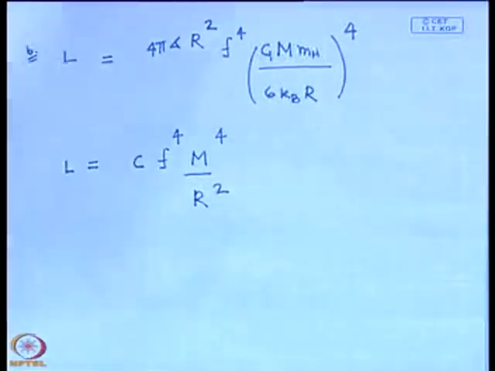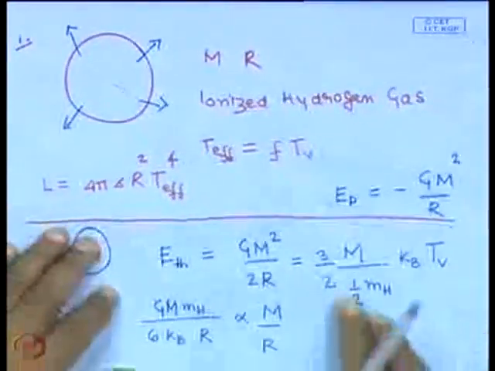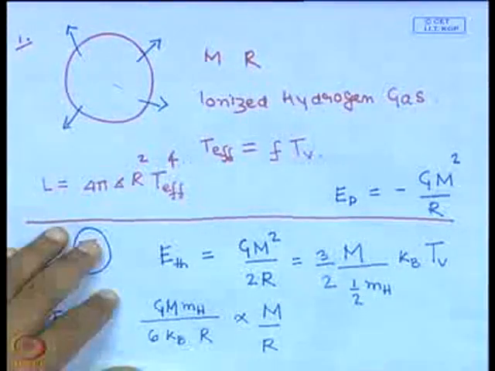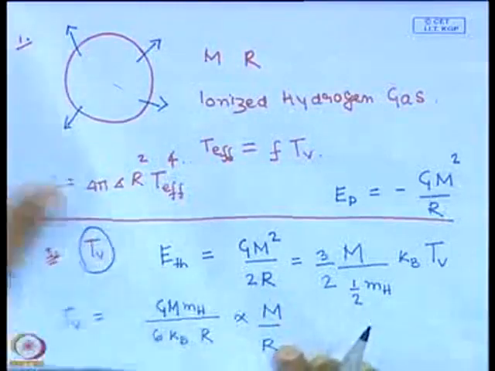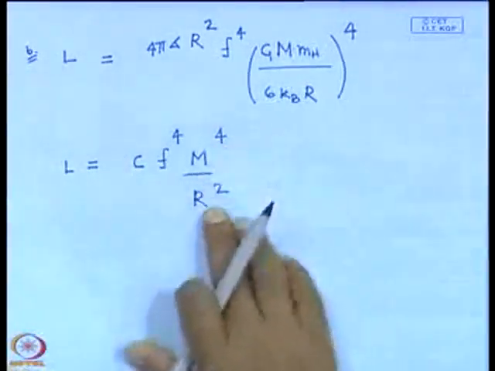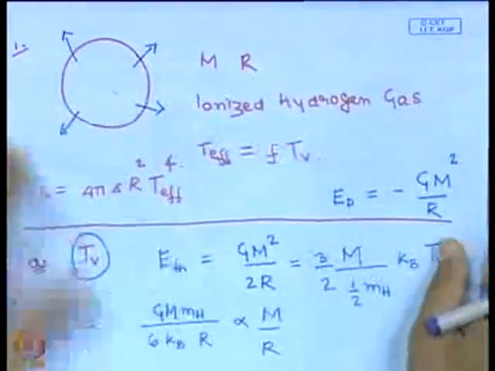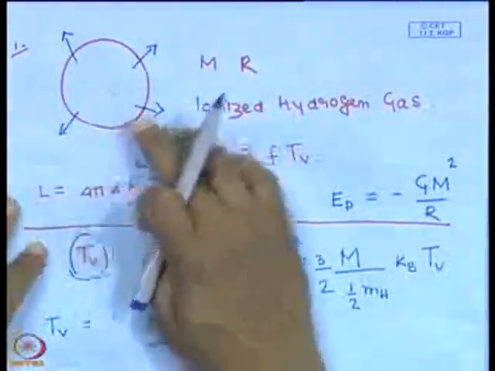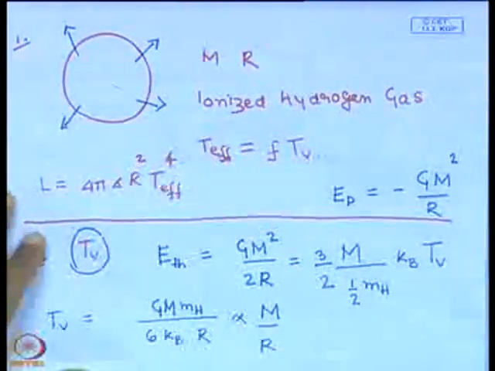Okay. The thermal energy is proportional to the mass square by the radius, the virial temperature mass by r, and the luminosity mass to the power 4 by r square. Now, this object, when it radiates, it loses energy.